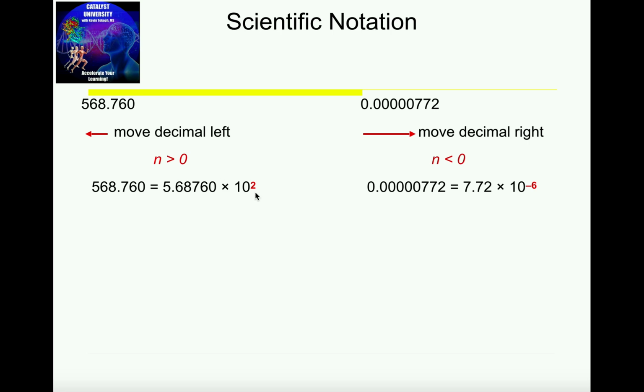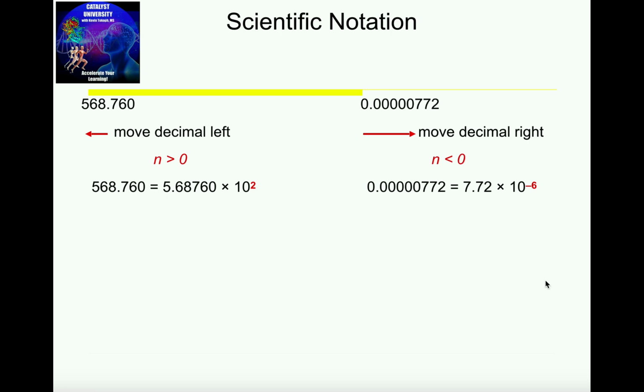And it should be able to spit back this number, 568.760. But also remember, since we're taking 5.68760 and multiplying by 10 to the second, which is 100, I should end up with a larger number. And so it wouldn't make sense to move the decimal point to the left at all, because I would get a smaller number.